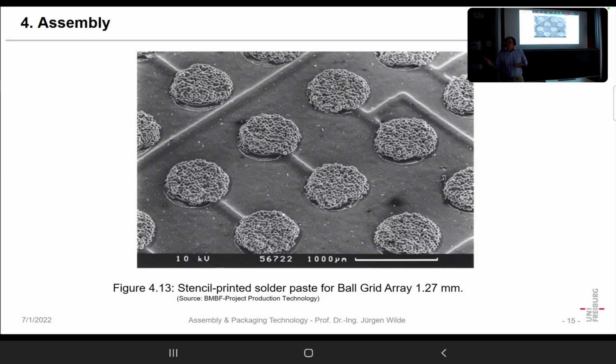So in the first ball grid array solderings, it was not possible to get the reliability of the other devices, and we had to work on that.